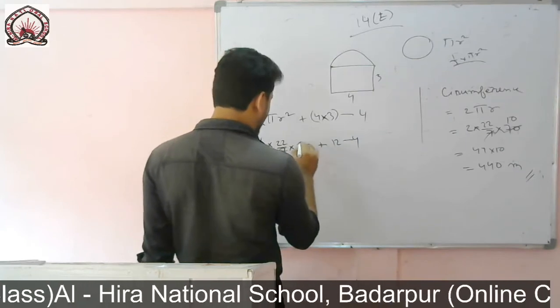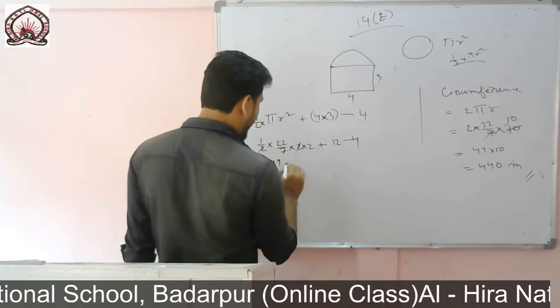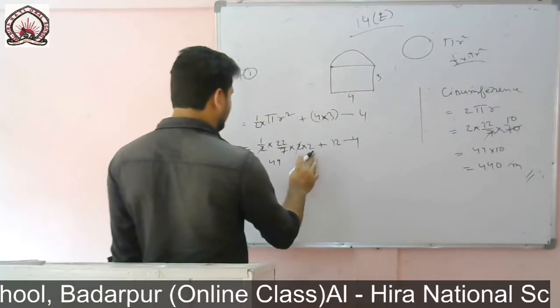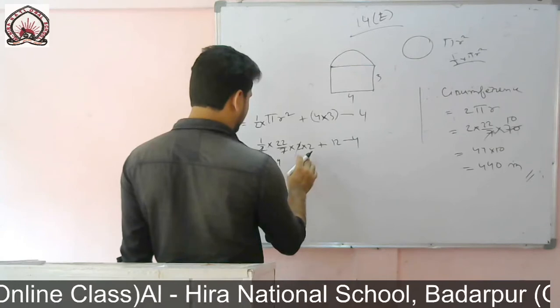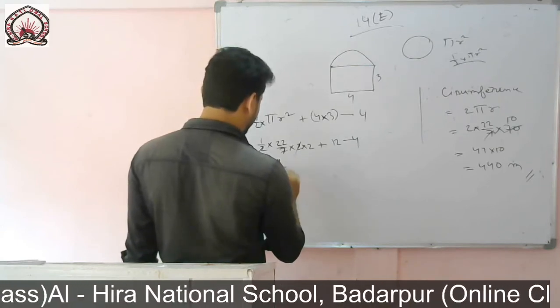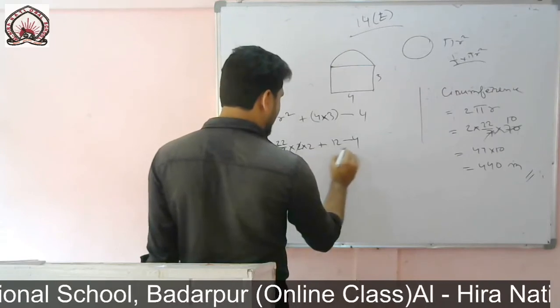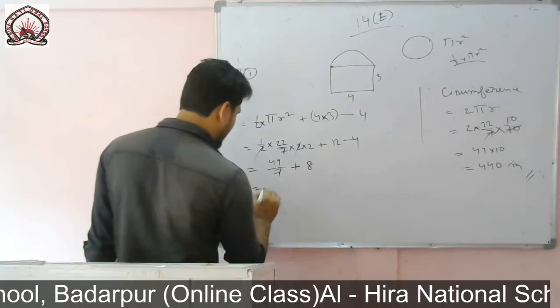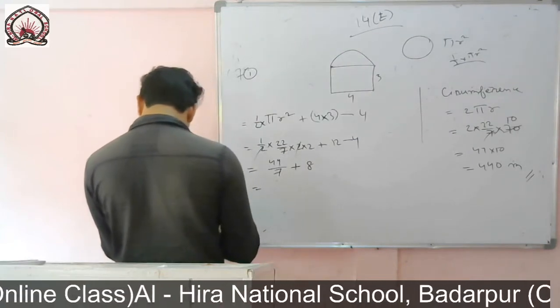You can cancel these two and these two, then you are getting 44 by 7 plus 8. Okay, 44 by 7 plus 8.